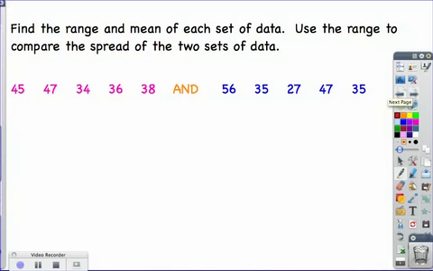For our data set number 1, 45, 47, 34, 36, and 38, I add them together and divide by the 5 data points in order to find our mean.